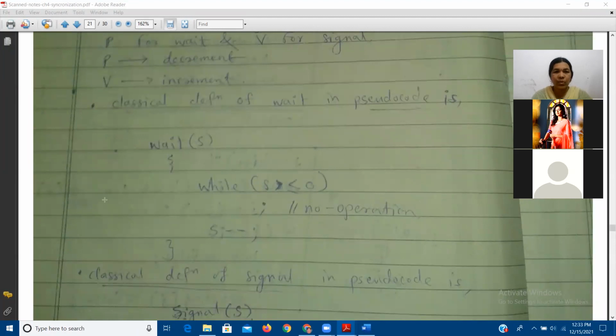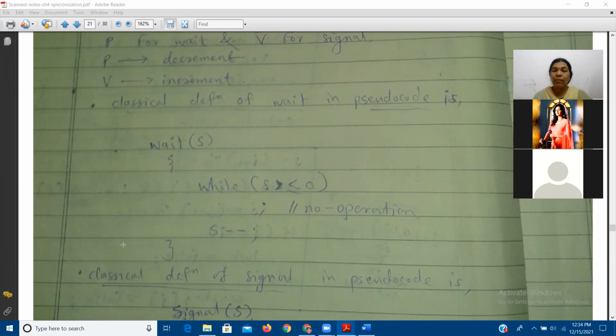So in the wait operation, the semaphore variable is decremented. In the while loop, the condition given is S less than or equal to 0, but that condition totally depends upon the application. The user will set the value of S and accordingly set the condition.